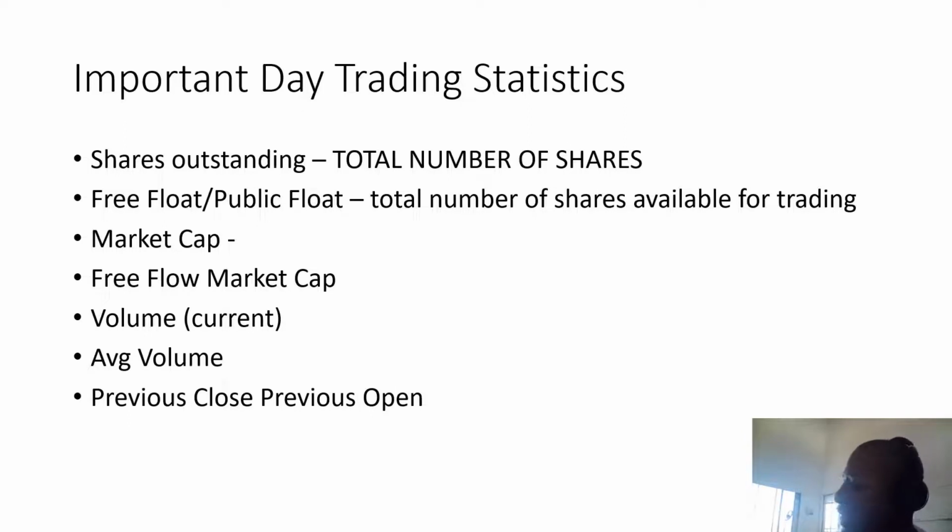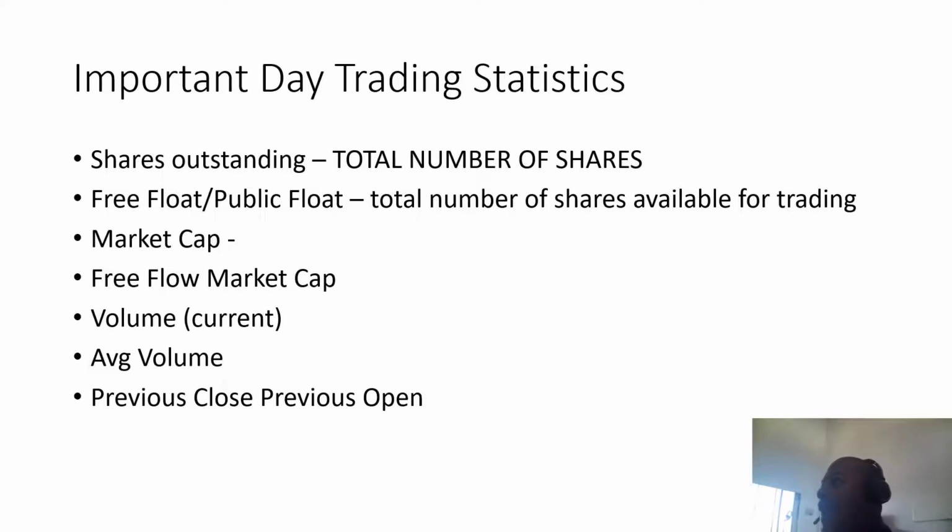Now, let's break this down so you guys understand the differences between them. Shares outstanding is the total number of outstanding shares throughout the company, okay? Just number of shares. Public float or free float is the total number of shares that are available for trading, okay? Because some of the outstanding shares you cannot trade. They're like Class A shares or different types of shares that aren't available to be traded on the public market, okay?